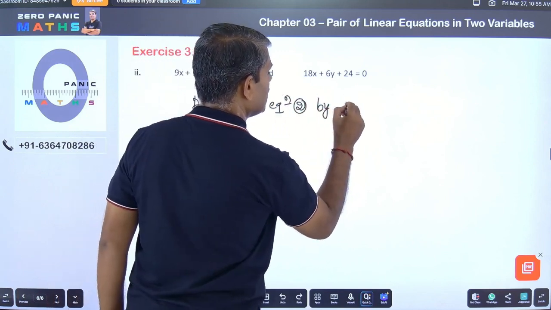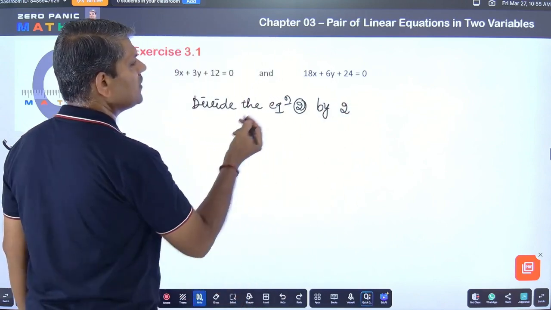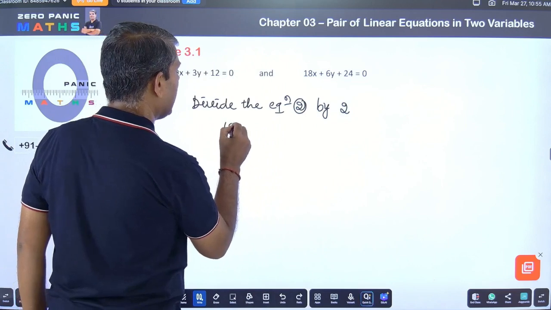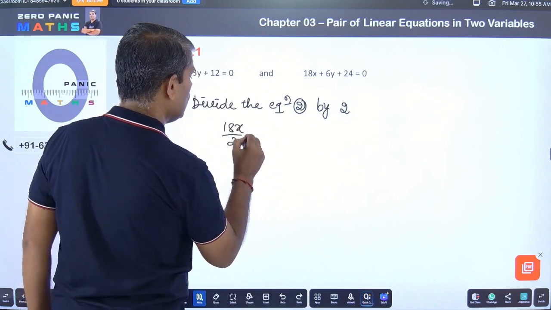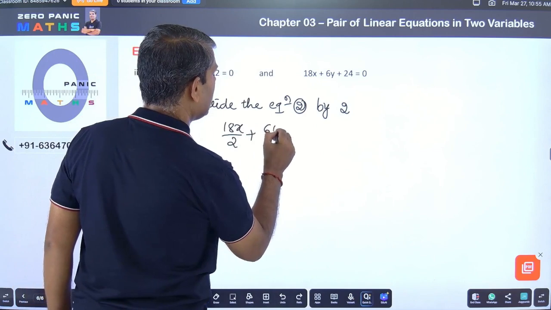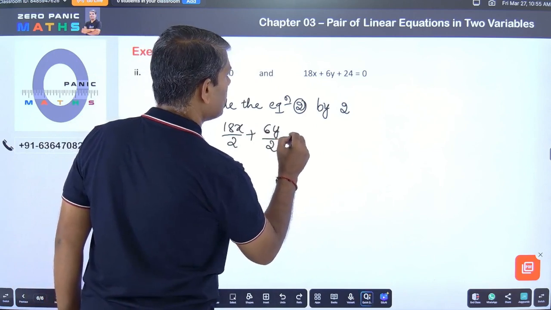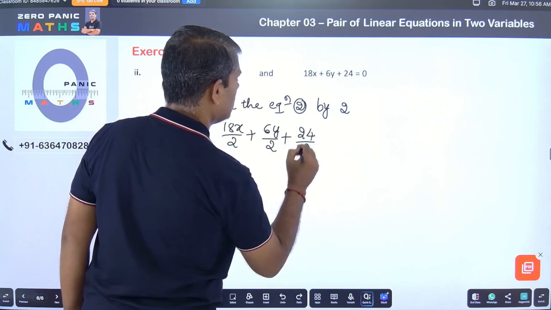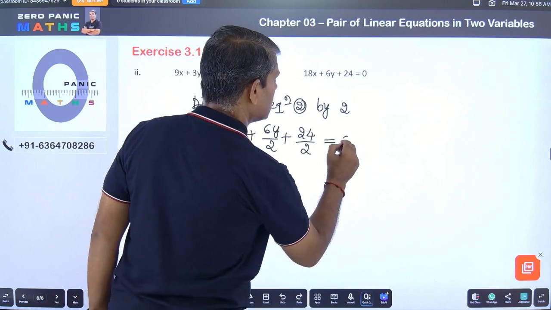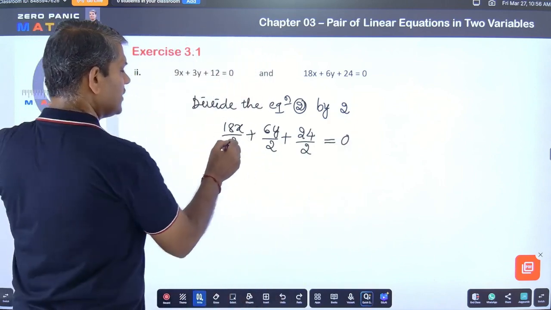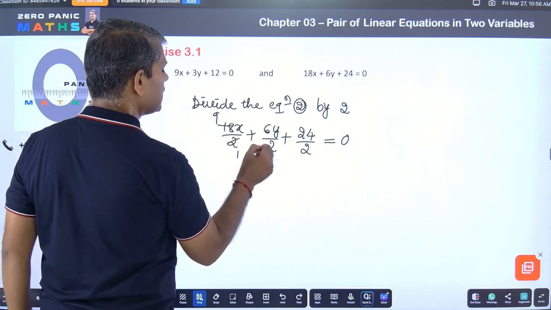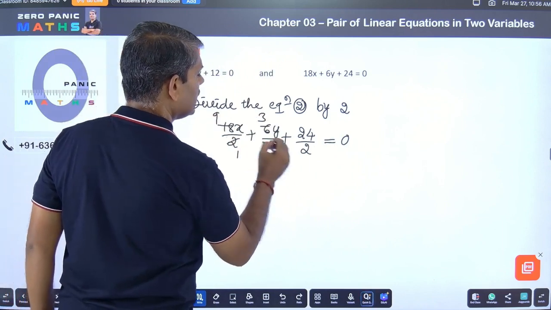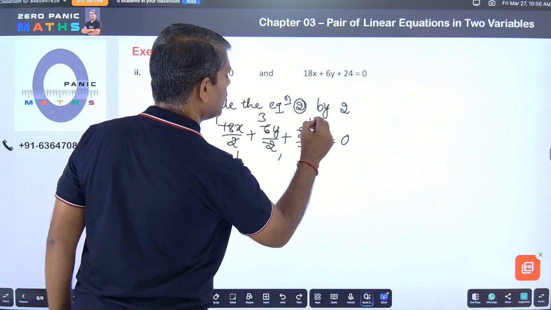What is that? You are going to get 18x divided by 2 plus 6y divided by 2 plus 24 by 2 is equal to 0. See, 2 ones are 2, 2 nines are 18, 2 threes are 6, 2 twelves are 24.